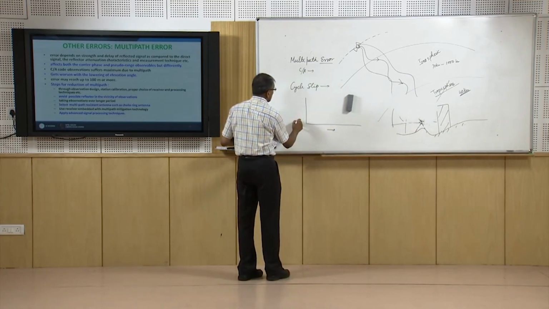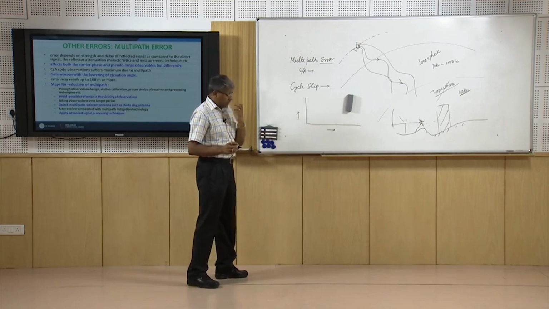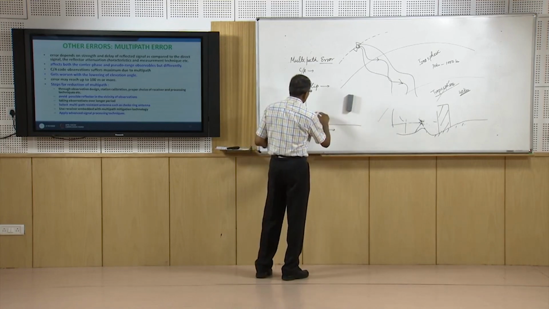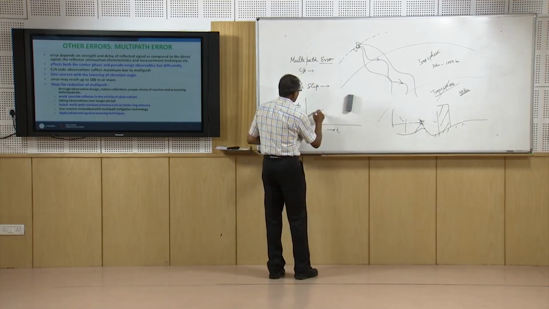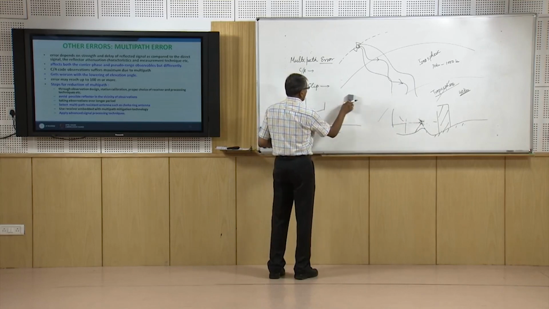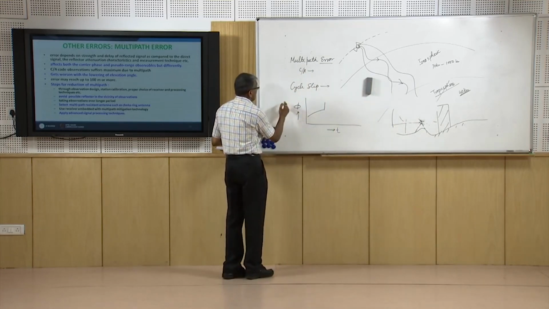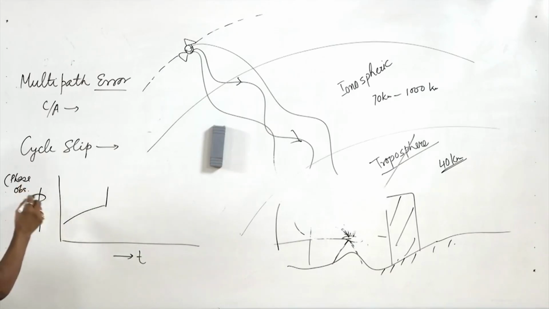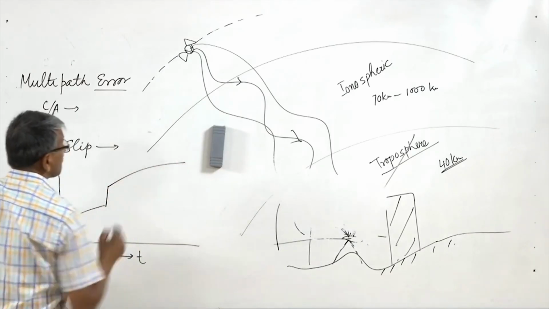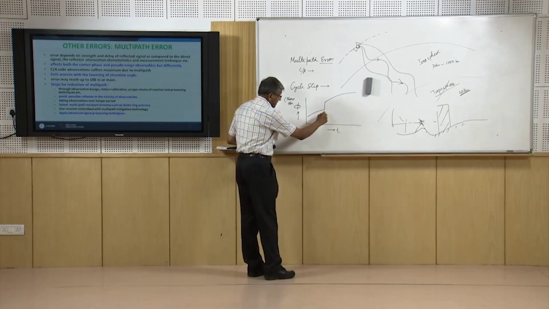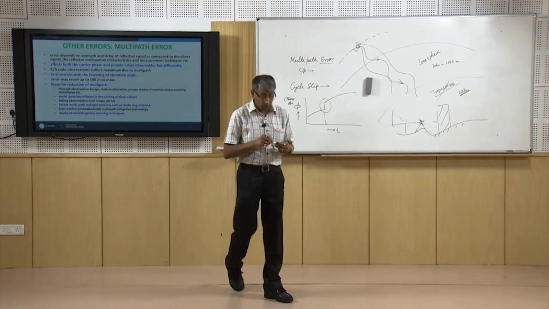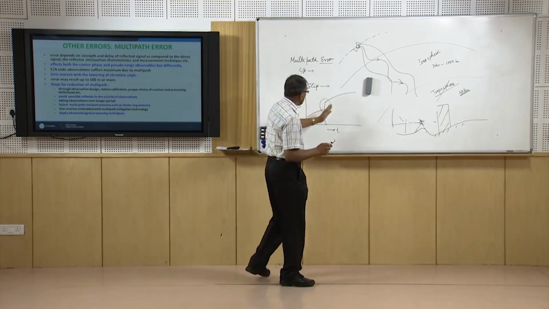If we plot the integer ambiguity, or the phase observable, with time, we will get a picture like this. That means at this point the signal got lost and then started again after some time.